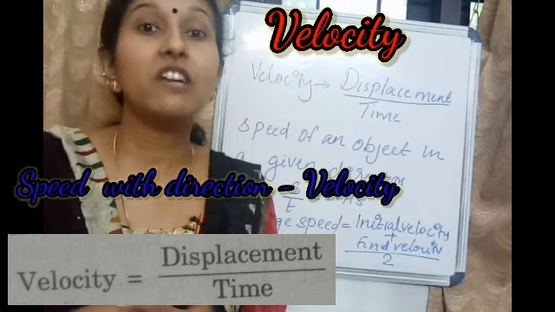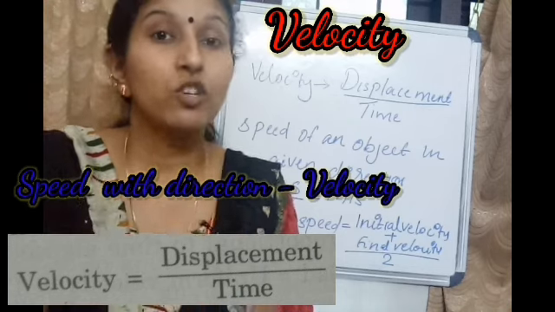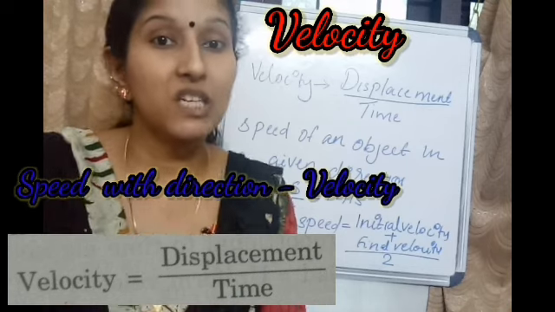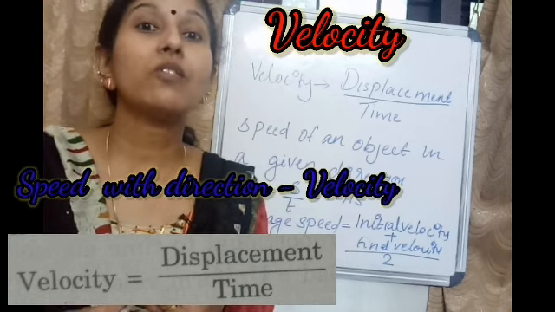Speed with direction is velocity. The symbols and the unit are the same for speed and velocity. The difference is that in case of speed there is only magnitude, but in case of velocity, with the speed we have to specify the direction. So speed with the direction is velocity, and there are two definitions for velocity.